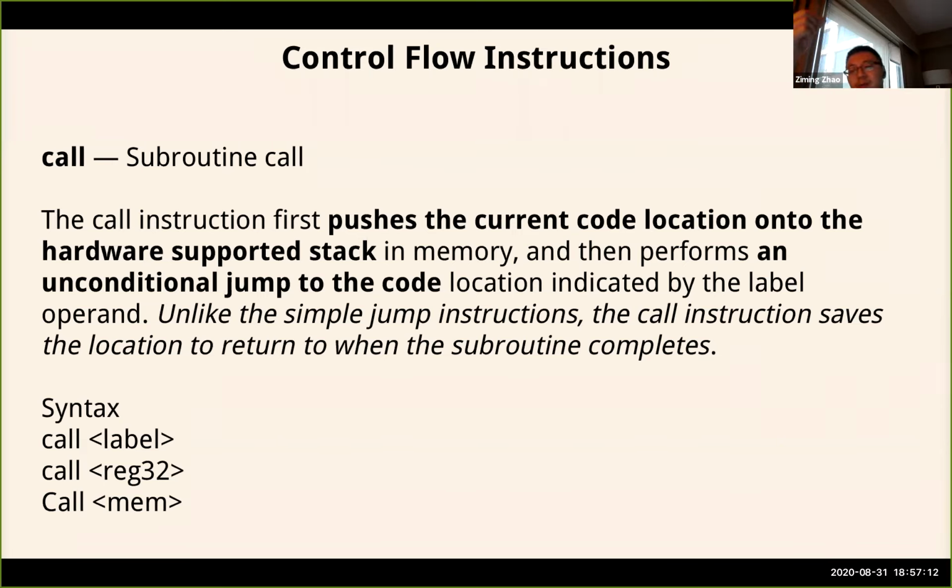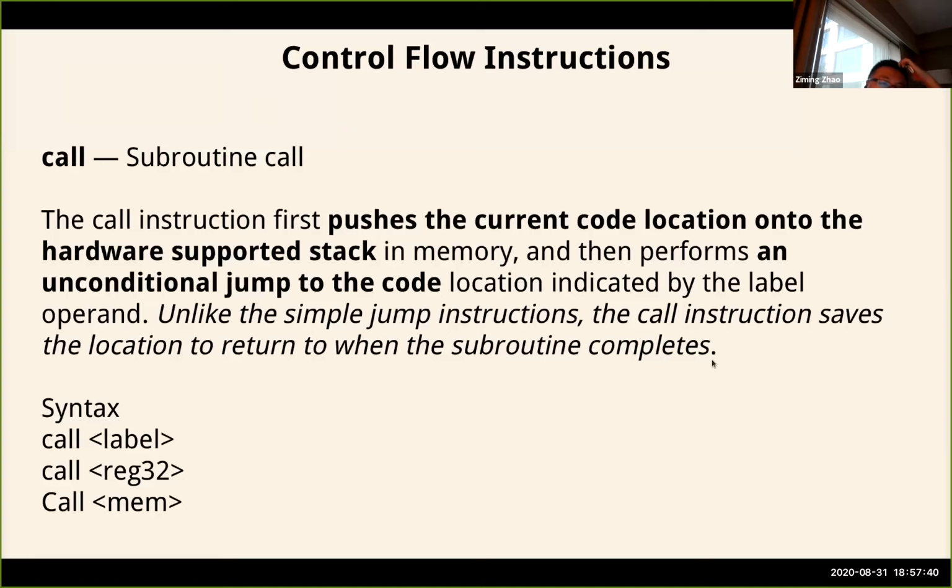So we need to push that return location onto the stack, so that later, when the function returns, we know where to return to. Now you can see that we are pushing a control location, which is a return location. That's not really data. That's an address of code, and that's the problem. A lot of security issues we will talk about next week.